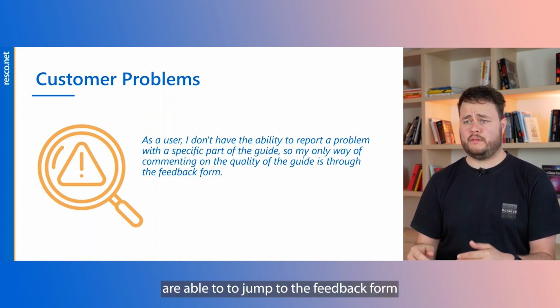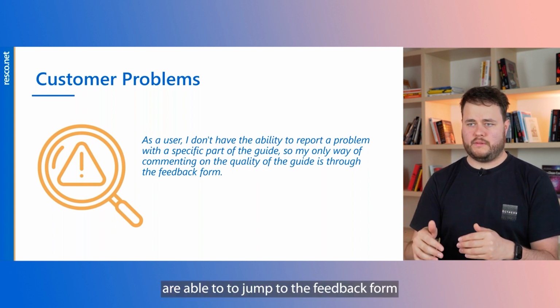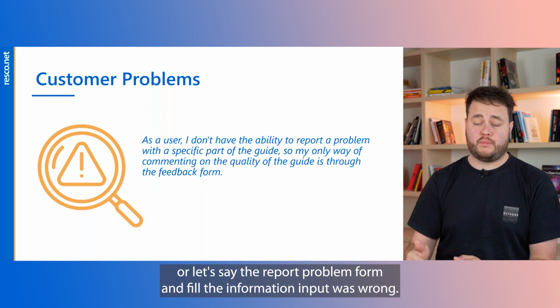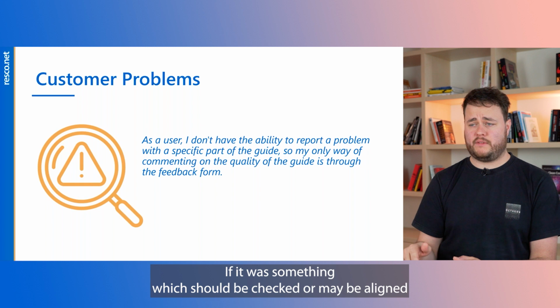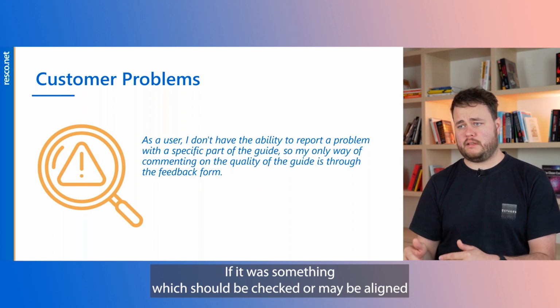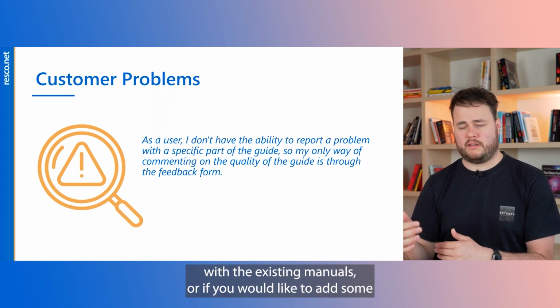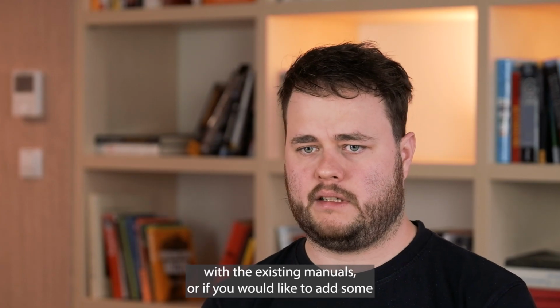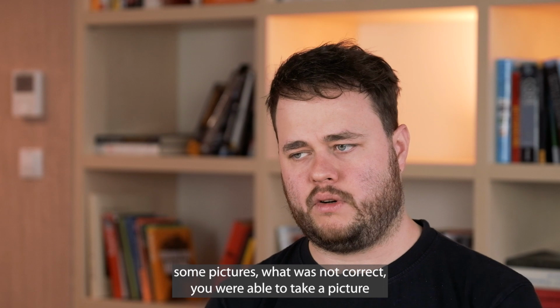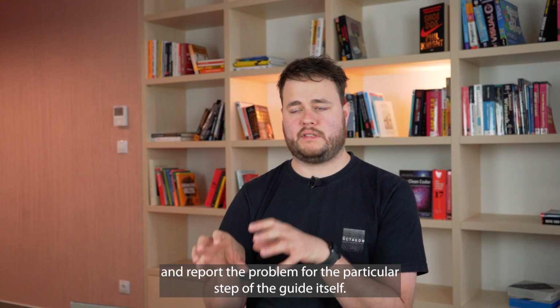So you are able to jump to the feedback form, or let's say the report problem form, and fill in information like what was wrong, if it was something which should be checked or maybe aligned with the existing manuals, or if you would like to add some pictures, you are able to take a picture and report the problem for the particular step of the guide itself.